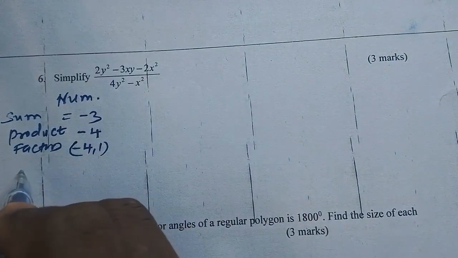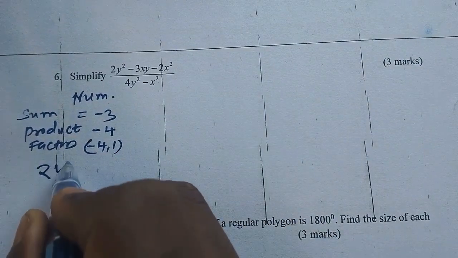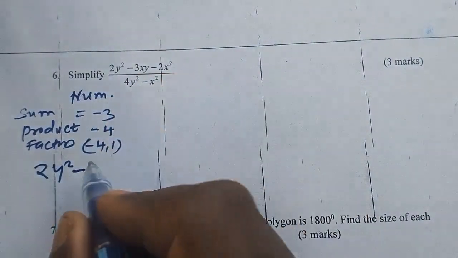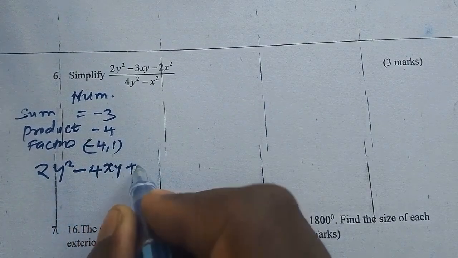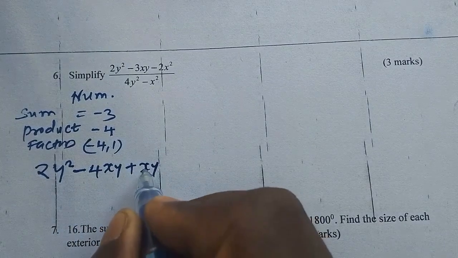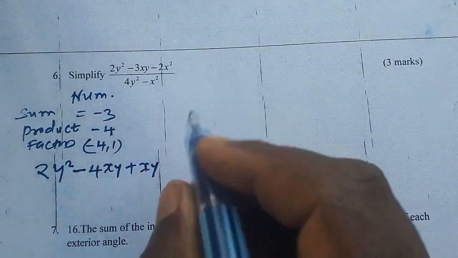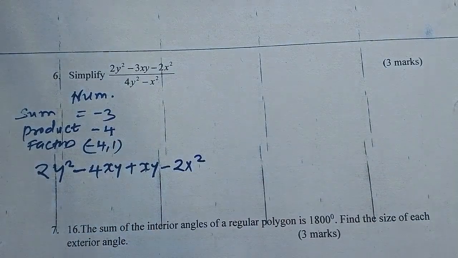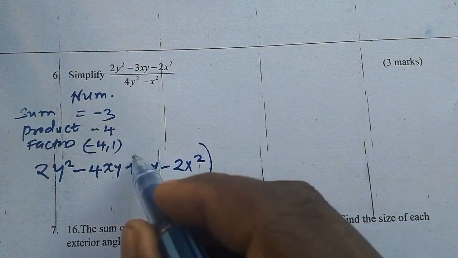So this is a factor. Once you get that, now you rewrite 2y square minus 4xy plus xy, that's 1xy. If you add these, you will get -3xy, and then minus 2x square. So once you have written it like that, you group them into 2.